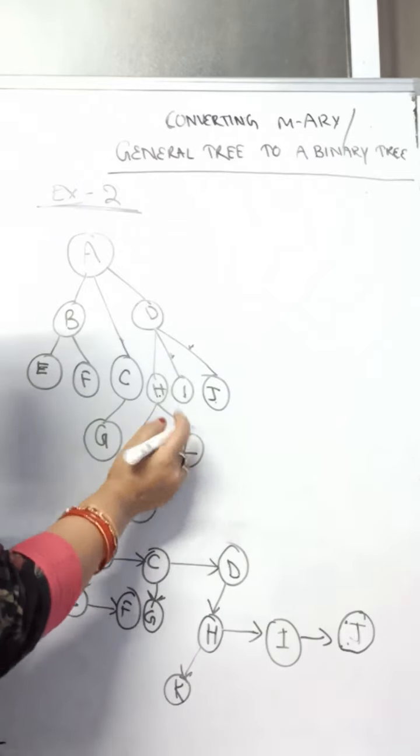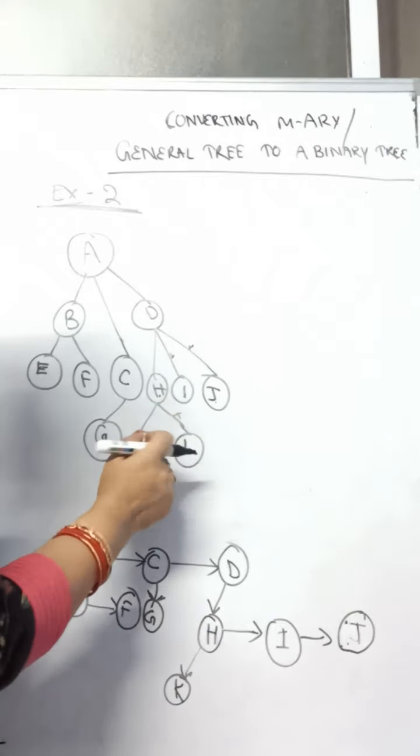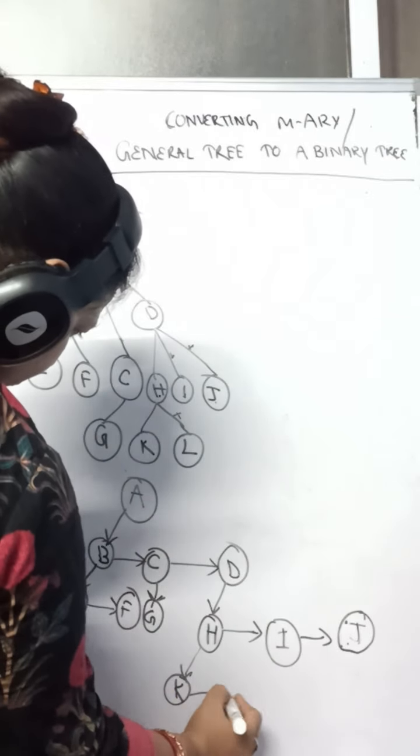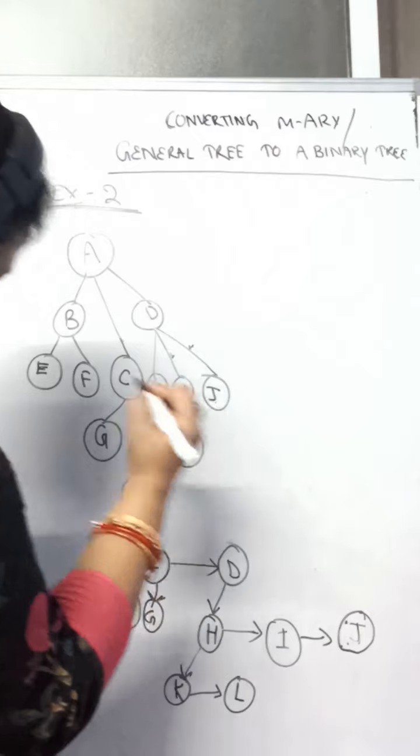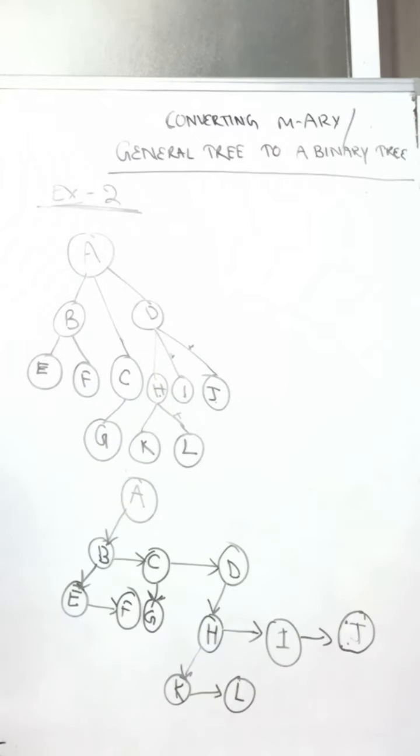Again I cut the link and make L the right child of K. Yes, now I found my tree. Then I just rotate it 45 degrees to get the appropriate tree.